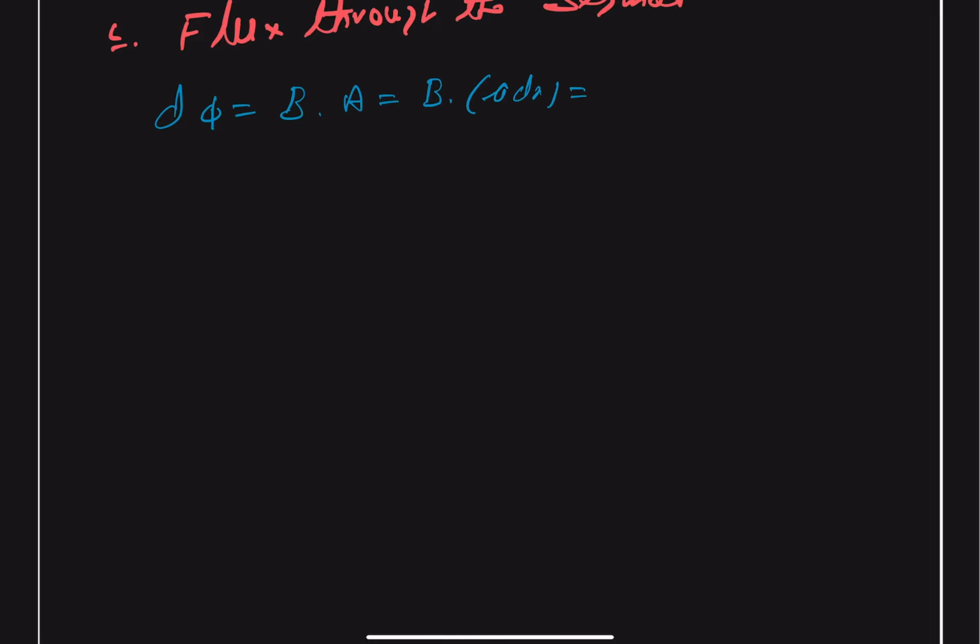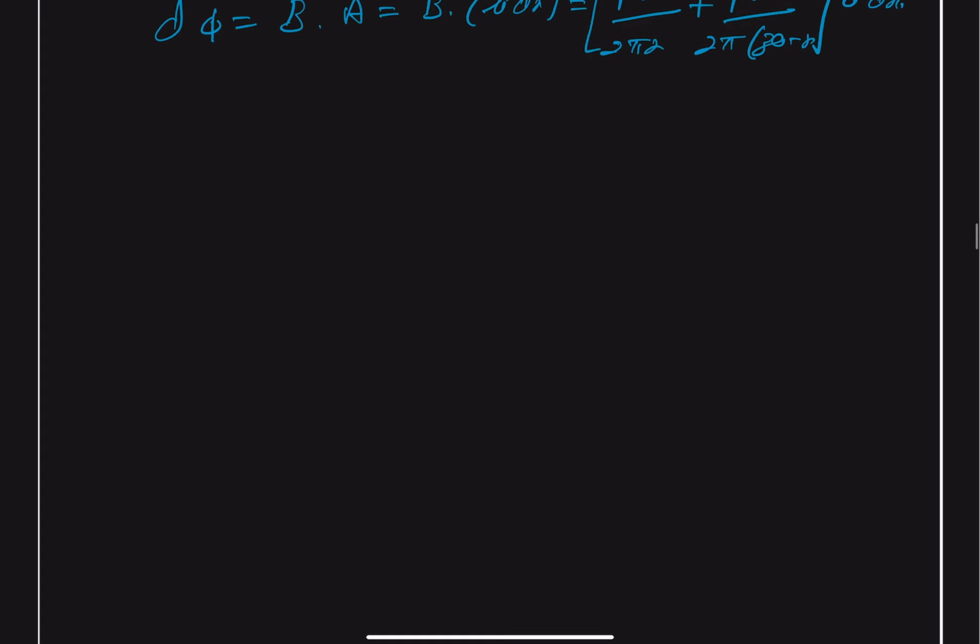We substitute the value of B, that is mu naught I upon 2 pi x plus mu naught I upon 2 pi (3a minus x), multiplied by a times dx.